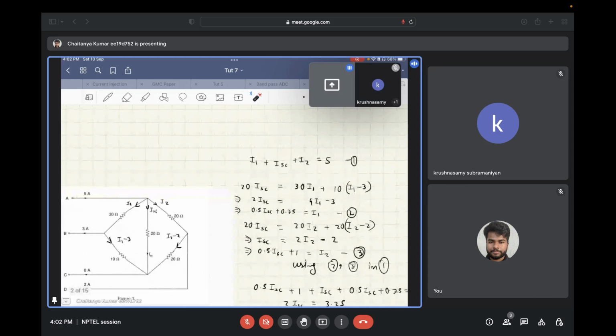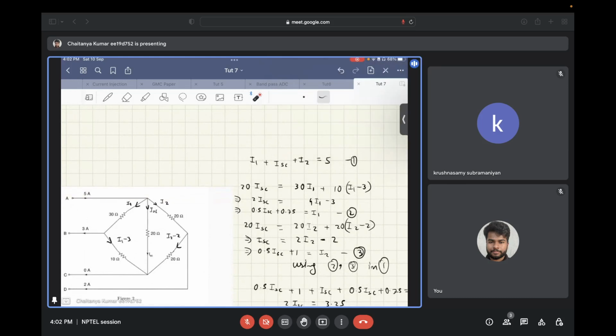And then the other two, now we must be careful that we don't repeat the equations. Let's say we apply the KCL at this node. I1 is coming in this node. 3 ampere is going out of this node. Then I1 minus 3 will be flowing through this 10 ohm branch.